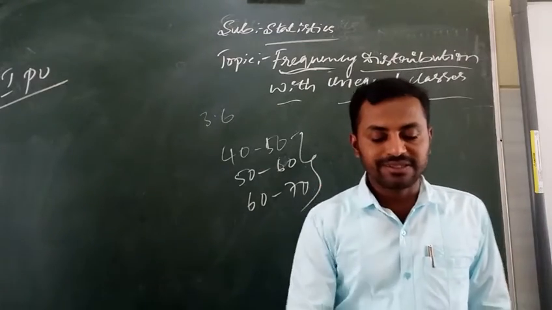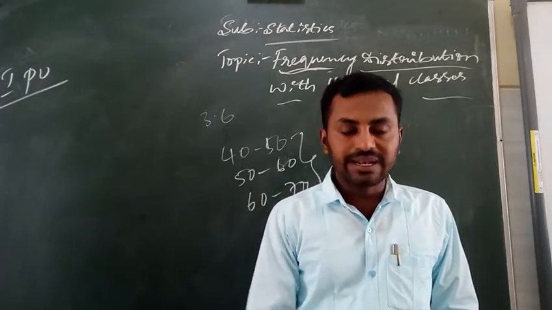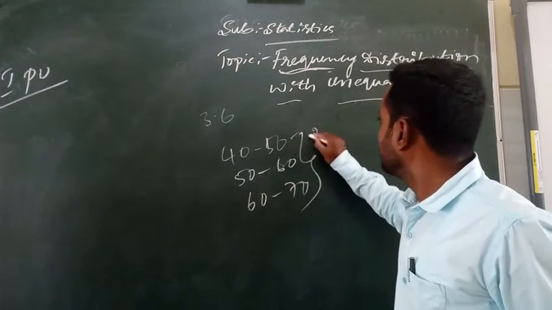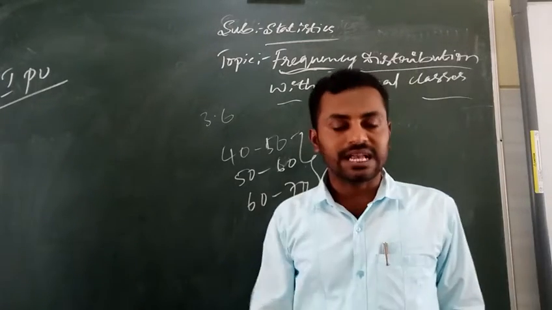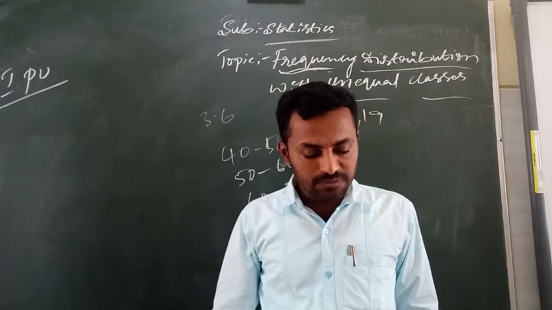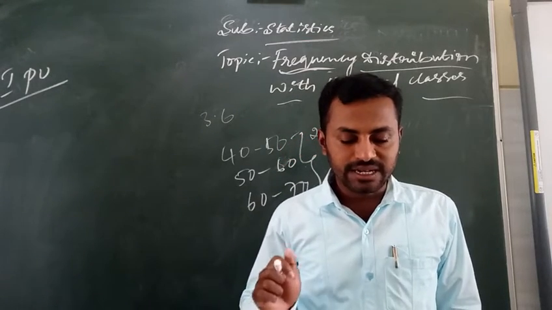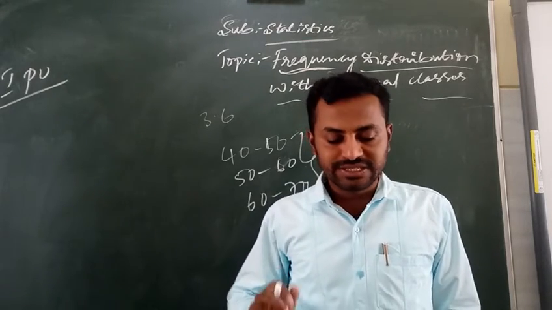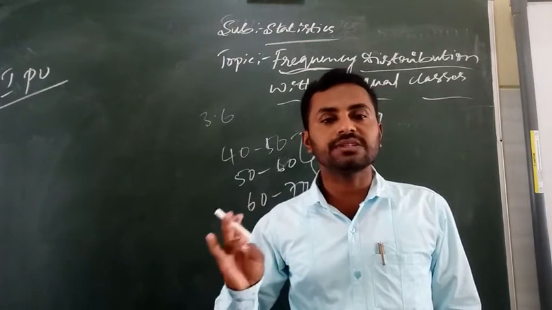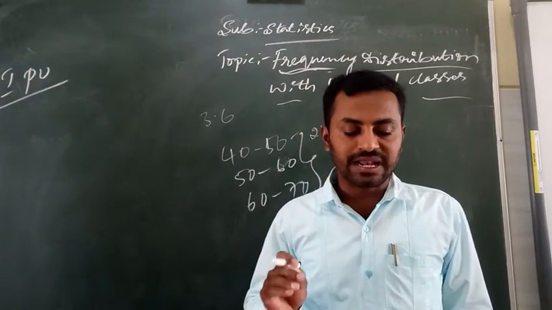The frequencies are 21, 23 and 19. These are the class frequencies. Maximum observations are concentrated in these classes. That means out of 100 students, 63, that is 21 plus 23 plus 19, are concentrated in these classes.